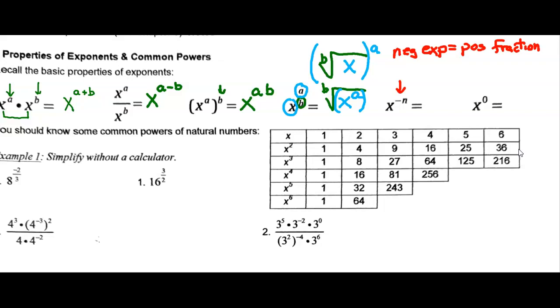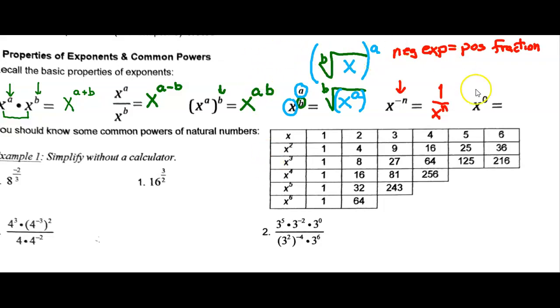Well, it's 10 to the negative 23. It doesn't mean it's a negative mass. It just means it's very, very small, subatomic, super tiny, but it's still a positive number. So realize that negative exponents are positive fractions, and we can rewrite them this way. It's 1 over x to that power.